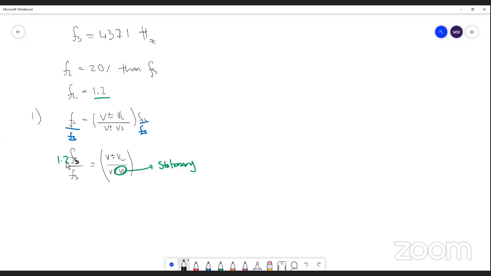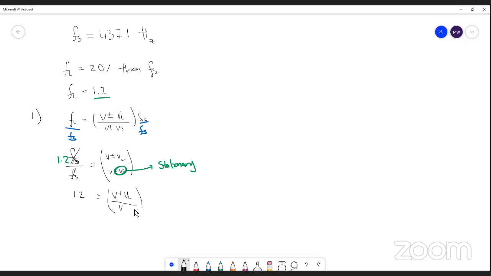Okay, then if I add in this 1.2, that means that it is 1.2 of Fs. So there's a reason I added it in. That means that my Fs can cancel out now. So now you just say 1.2 is equal to V plus or minus, and in this case, it should be plus because they were telling us we hear a higher frequency, so that means the listener is moving towards the source.